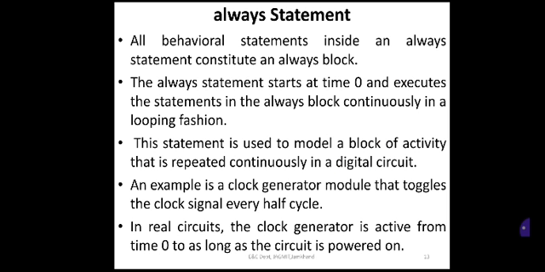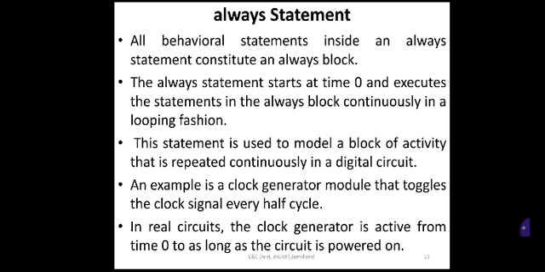Looping means it repeats again and again until some condition is satisfied. But here there is no condition; it is going to be repeated continuously unless you terminate it forcibly by using an interrupt or power off method. This statement is used to model a block of activity that is repeated continuously in a digital circuit.